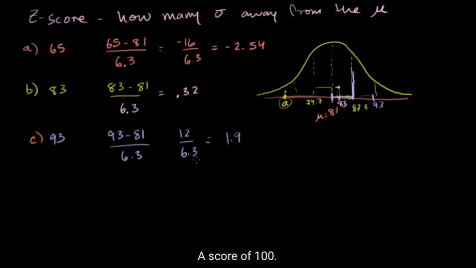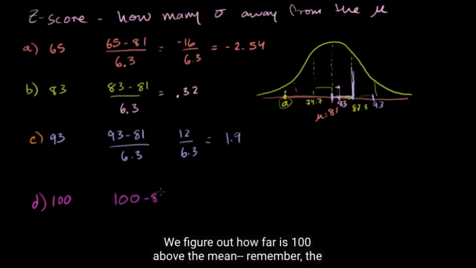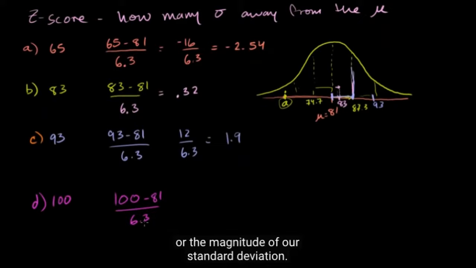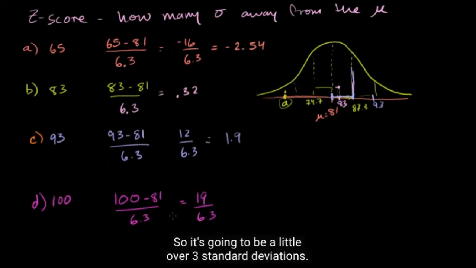A score of 100. We don't even need the problem anymore. Well, same thing. We figure out how far 100 is above the mean, where the mean was 81, and we divide that by the length or the size or the magnitude of our standard deviation. So 100 minus 81 is equal to 19 over 6.3. So it's going to be a little over 3 standard deviations.